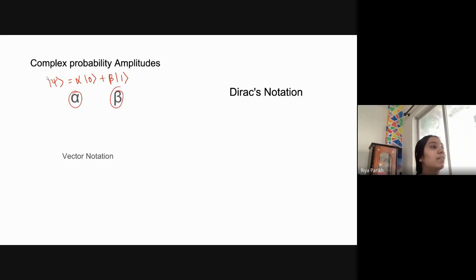Alpha and beta are the complex probability amplitudes, which can be simply understood as the probability of the qubit to be in state 0 or 1. But there is a bit of a caveat that it's a complex probability. It's not a whole rational number that we deal with in classical probability. It's more of a complex number. But for now, just consider it to be a rational number for our easy understanding.